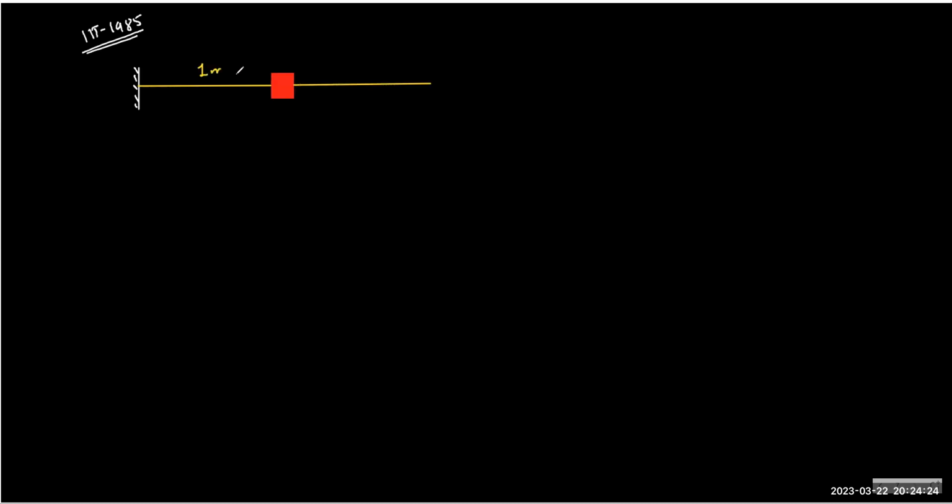This is 1 meter. Then there is a pulley. And then there's a long rope.